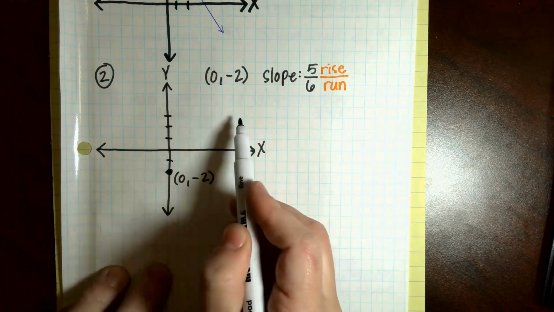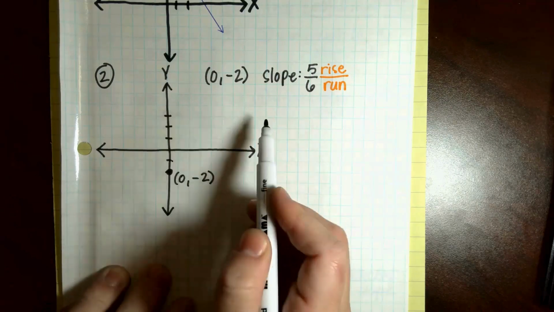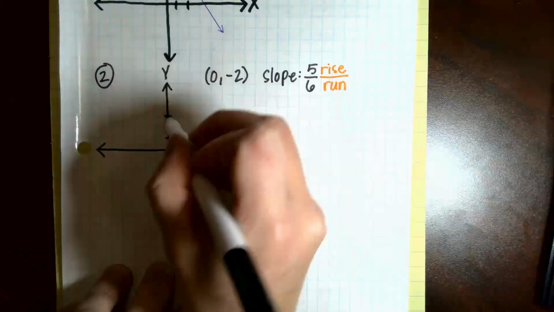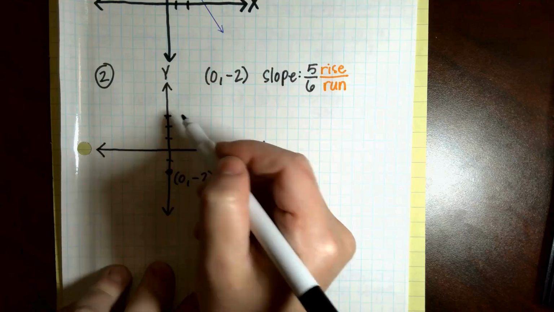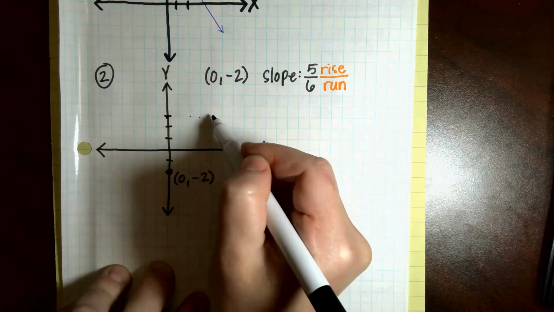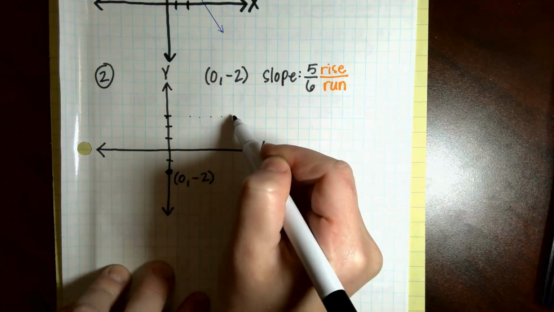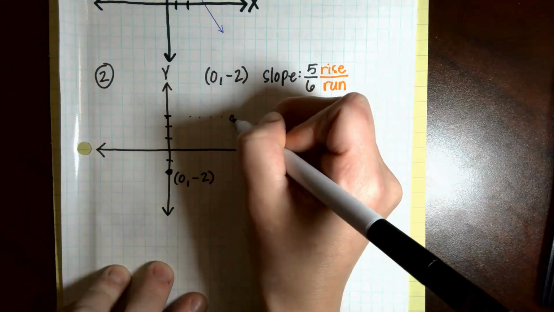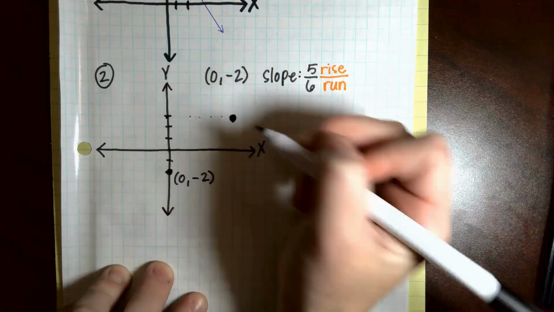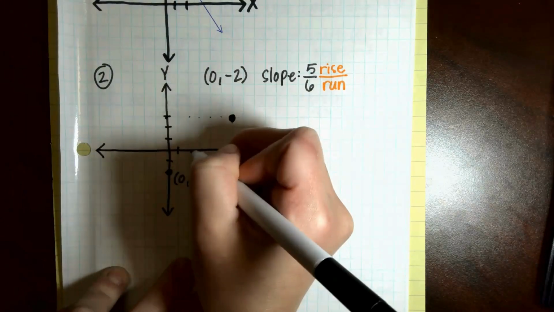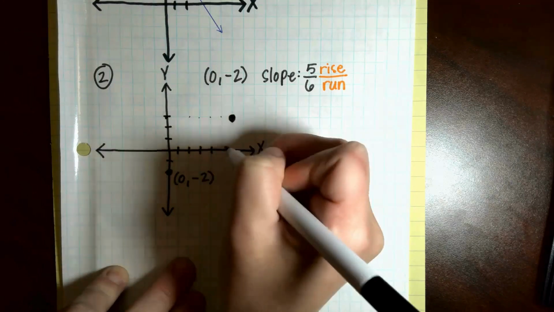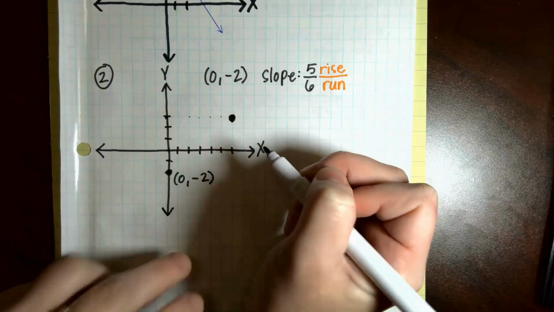Over 6. And it's positive, so we're going in the positive direction. So I'm going to start from here and count 1, 2, 3, 4, 5, and 6. Here is my new point. I'm going to draw these tick marks so I have an easier time counting.